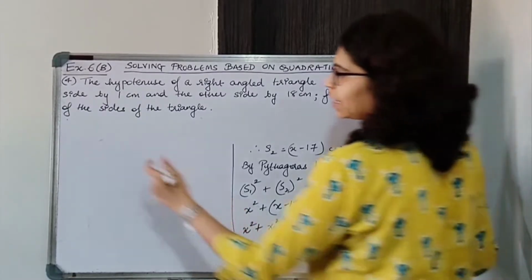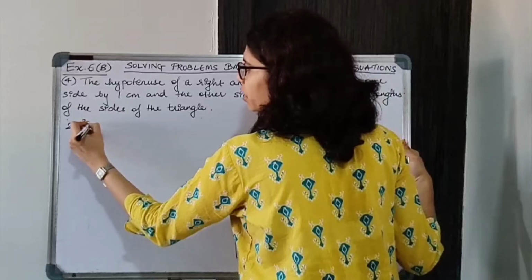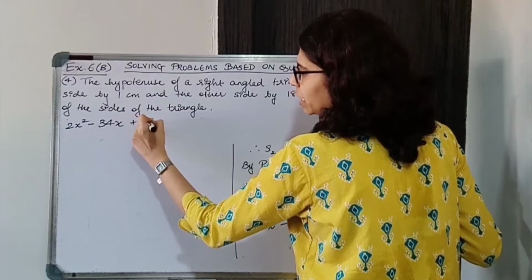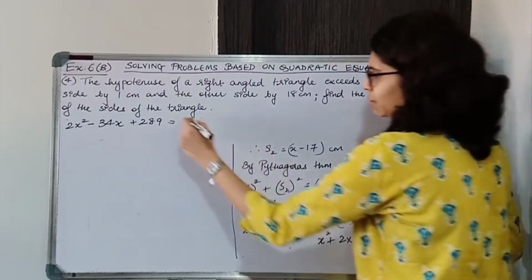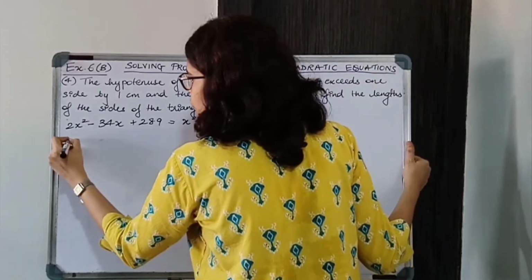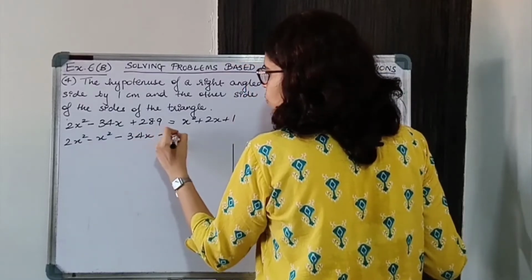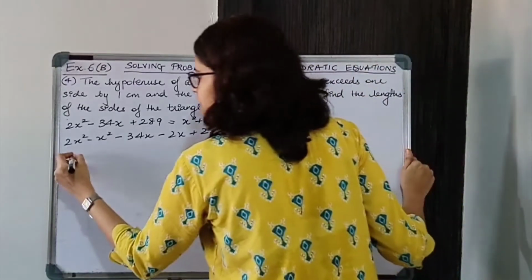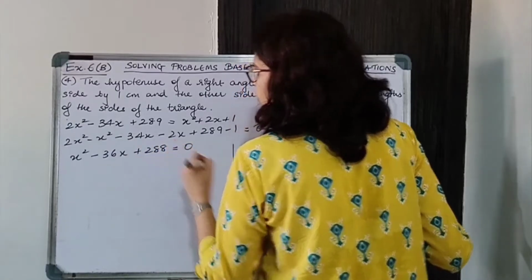So x square plus x square, that will give 2x square minus 2 into 17, 34 into x, so 34x plus 17 square, that is 289, is equal to x square plus 2x plus 1. Shifting everything on the other side, so 2x square minus x square minus 34x minus 2x plus 289 minus 1 is equal to 0. So this will give x square minus 36x plus 288 is equal to 0.